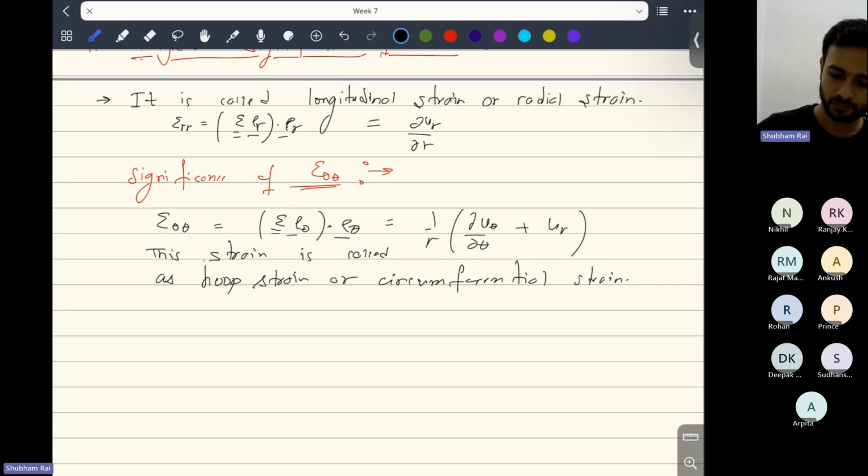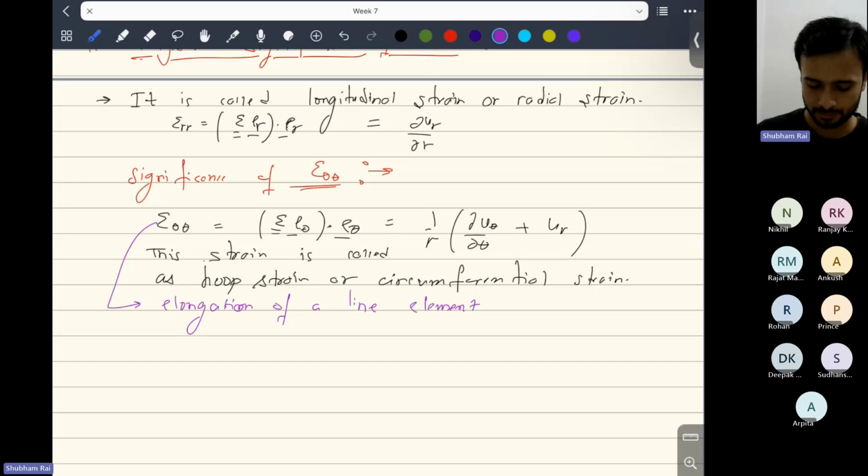And actually it denotes elongation of any line element along theta direction. Let me write that as well. So here it represents elongation of a line element directed along theta direction. The line element is along theta direction, and its elongation will be given by this strain.